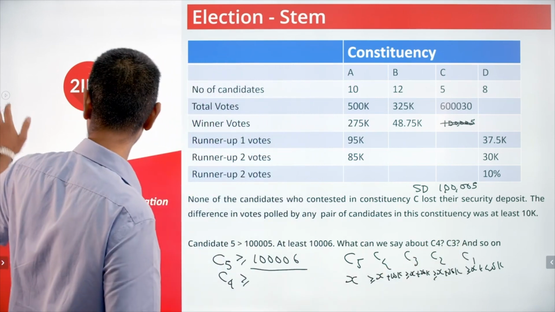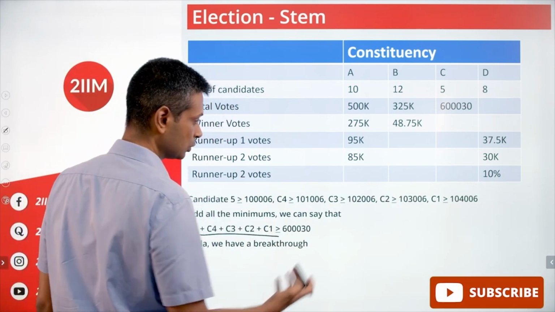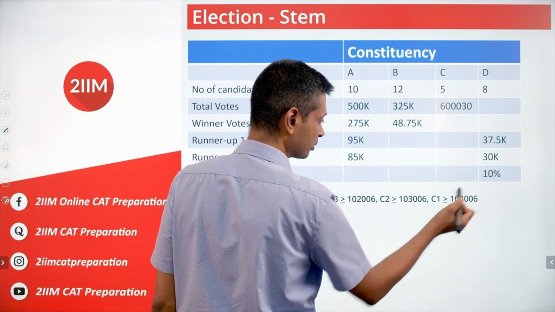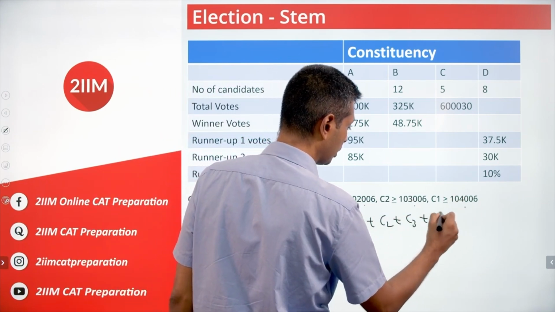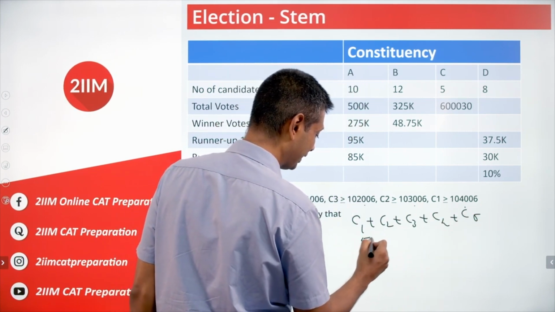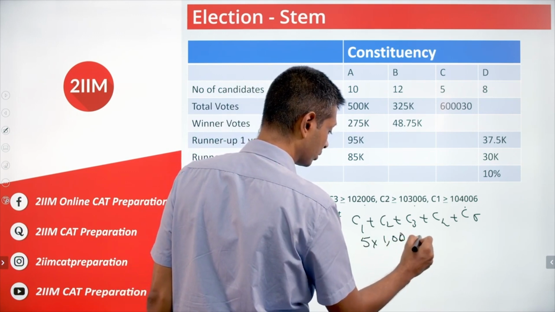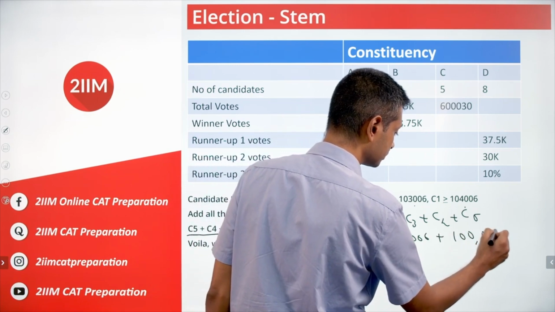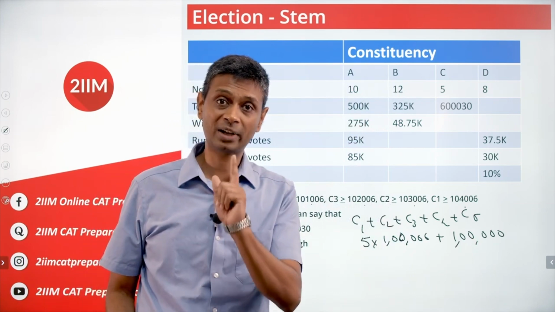Brilliant. So this will give us, basically, add all of them up. So 1,06,000, 1,06,000 plus 10,000, 1,06,000 plus 20, 1,06,000 plus 30, 1,06,000 plus 40. So if I do C1 plus C2 plus C3 plus C4 plus C5, that is 5 times 1,06,000 plus 1 lakh. The 10,000 plus 20,000 plus 30,000 plus 40,000 is 1 lakh.